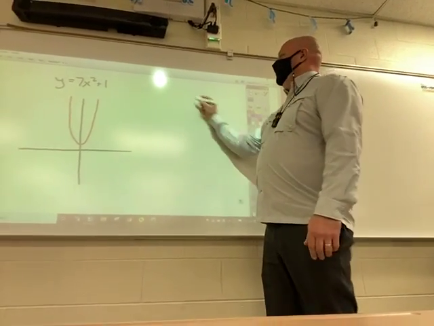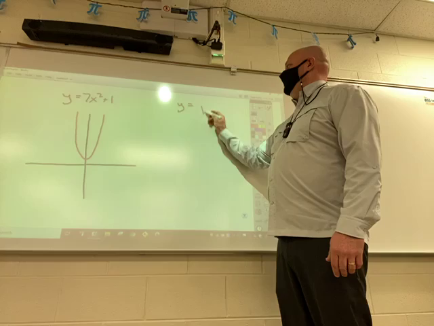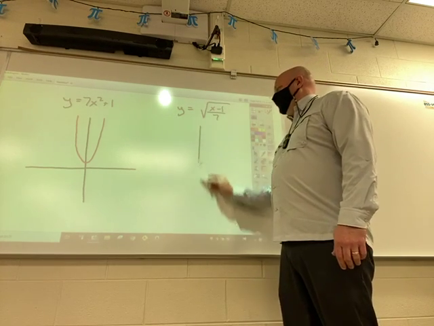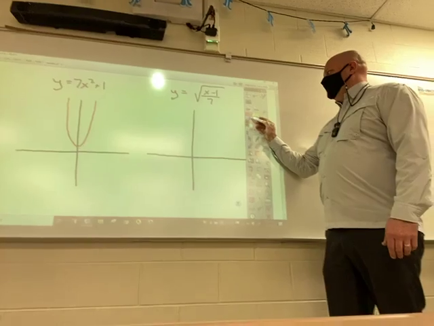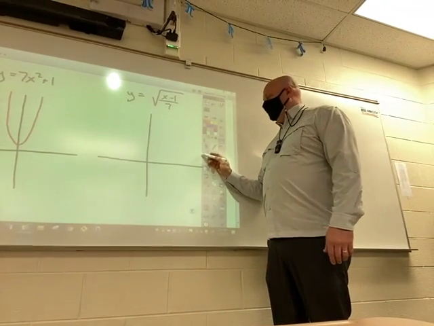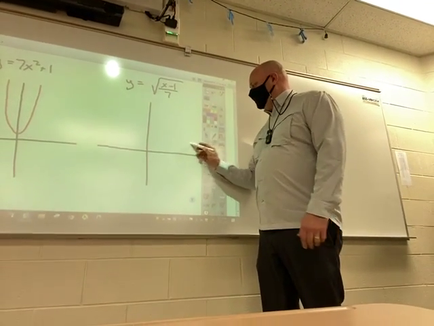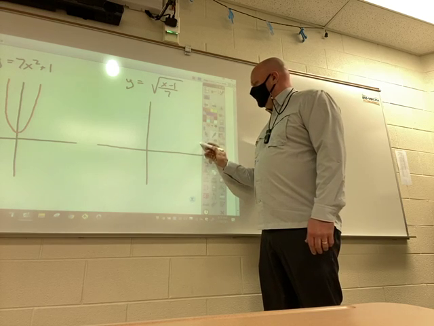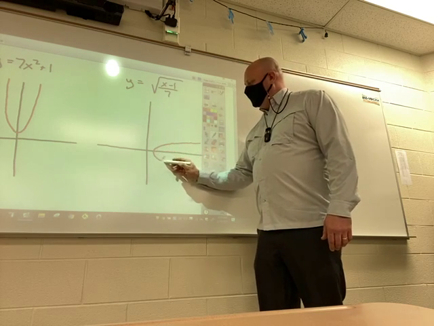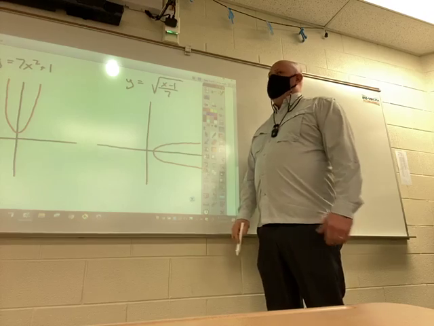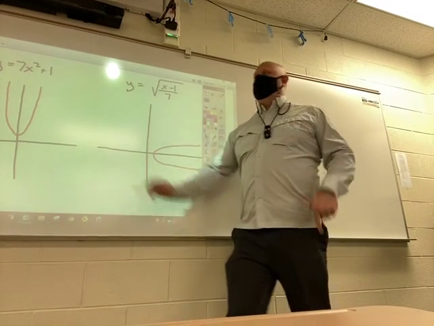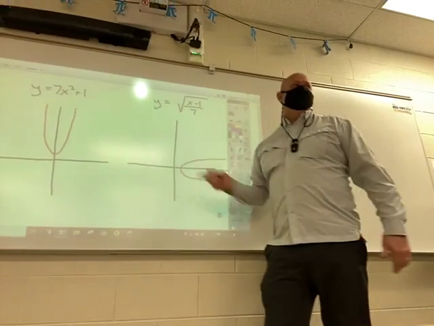What do you think this graph would end up looking like? It's not so much upside down as much as it is, come on, let me, like this. Now, my question to you is, how does graph 1 become graph 2?